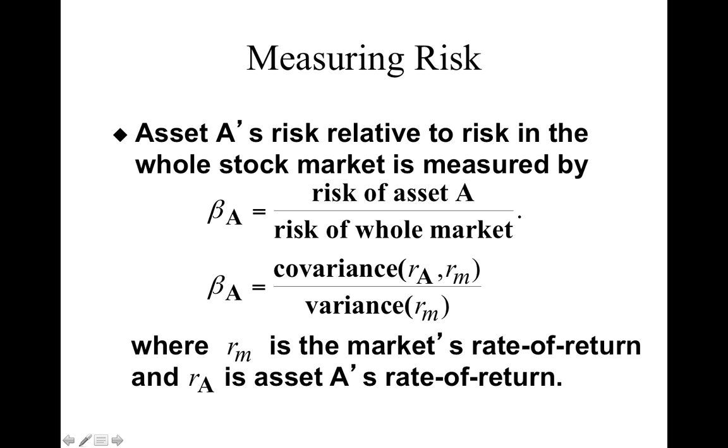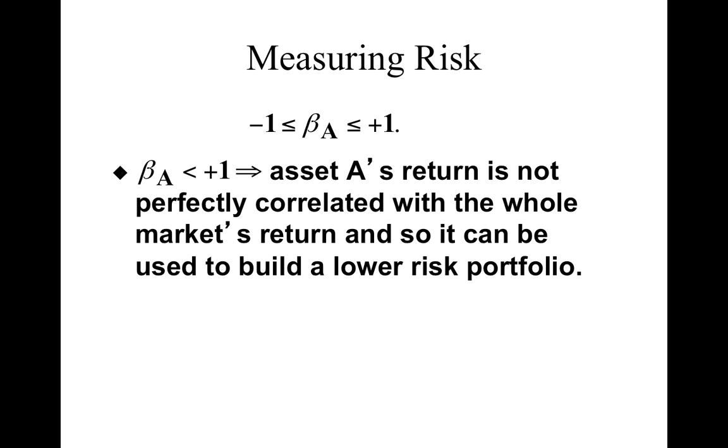So it's one-to-one negative correlation. Then, in that case, the beta, which basically gives you the riskiness of the asset, would be close to -1. On the other hand, if all of the variation in the asset is perfectly correlated with the whole market, then beta would be close to 1.